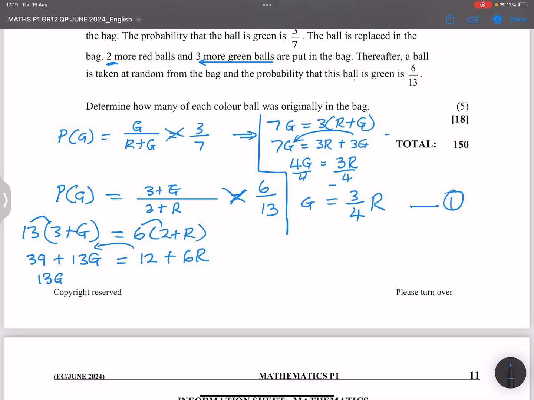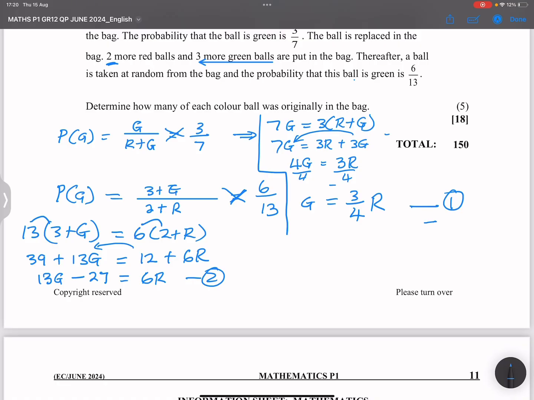So 13g minus 27 would give us 6r. Okay, now we can call this equation 2 if you want to.